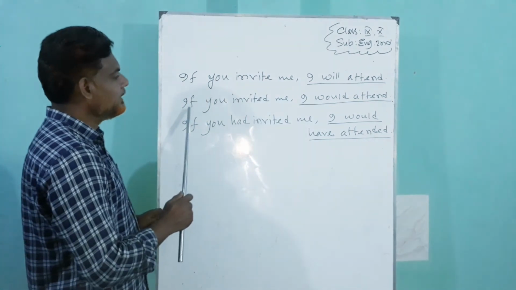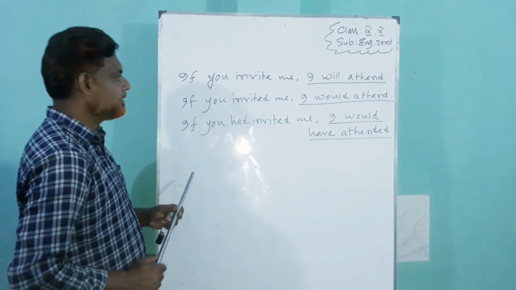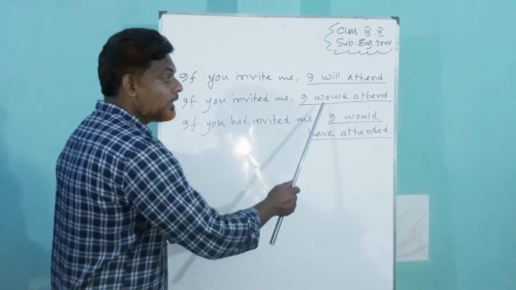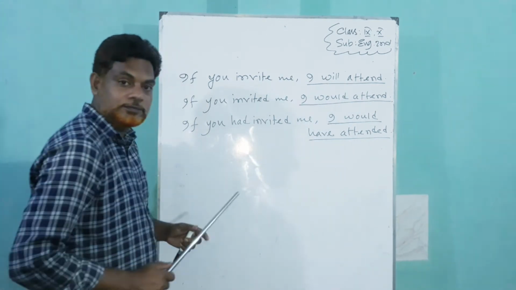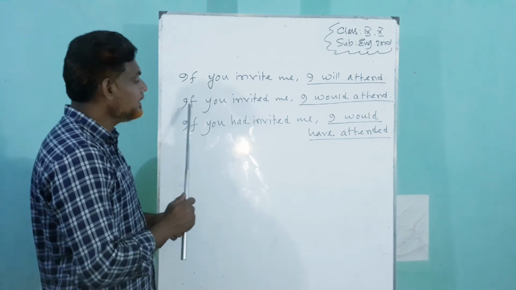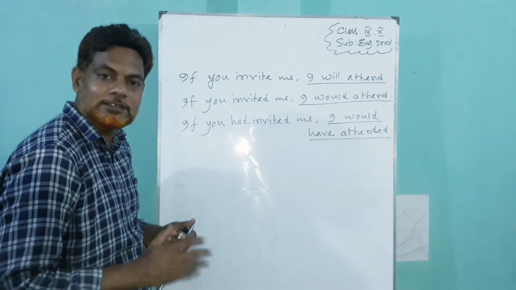And the second one, if you invited me, I would attend. Why have we used would here? Because it was second condition. If you invited me, this clause is in second condition.